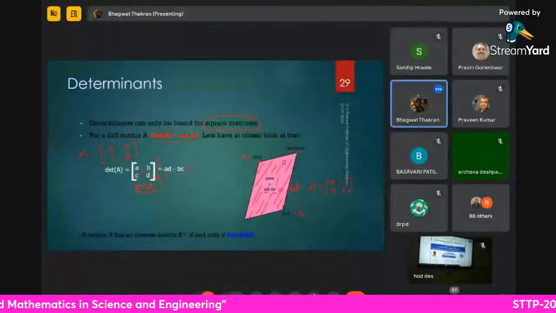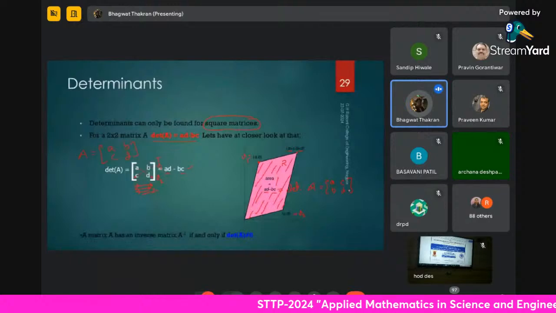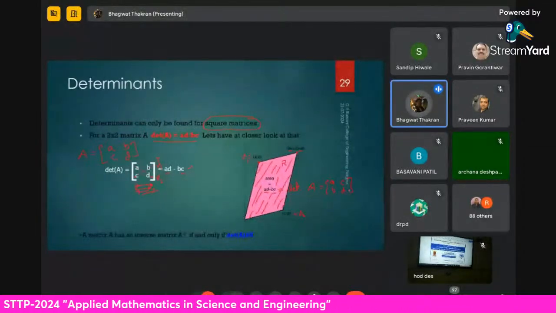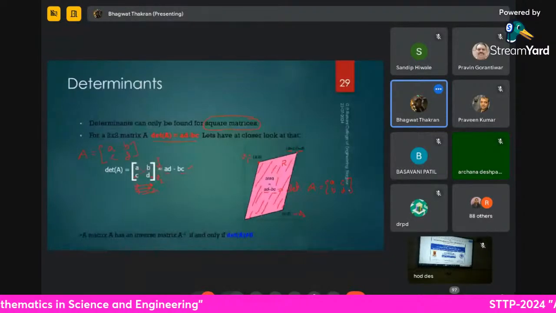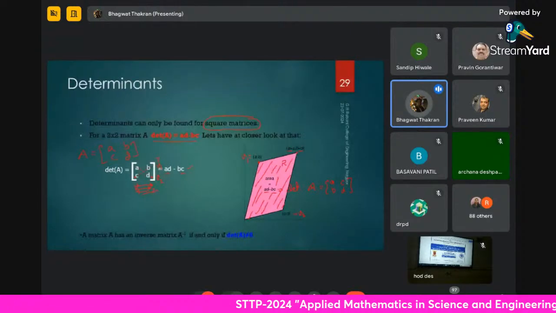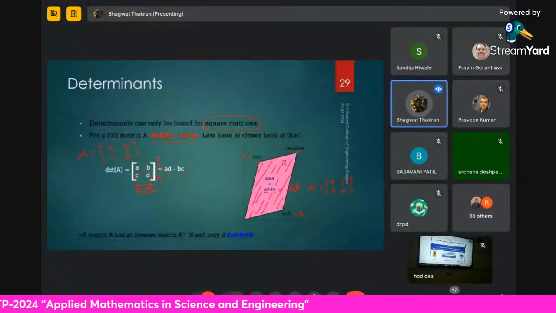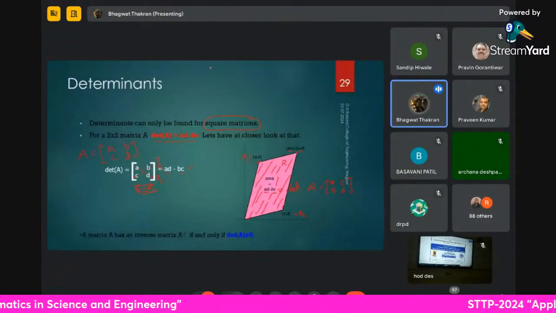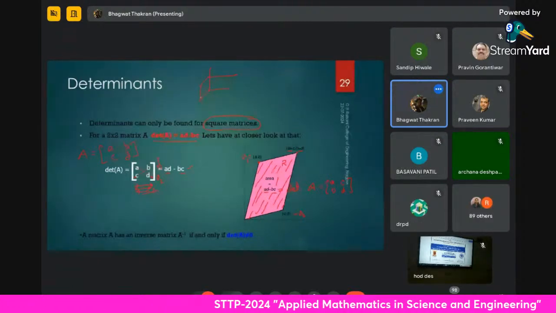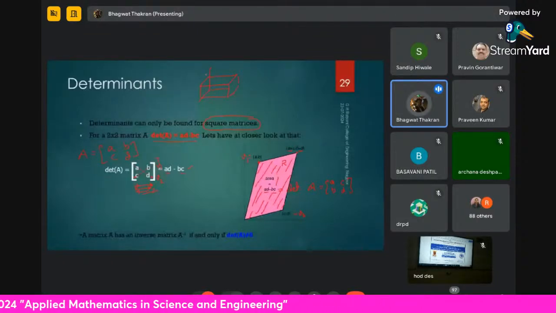But this part we can visualize only up to 2 dimensions or 3 dimensions. If I consider 3 dimensions, then it forms a volume. The examples we have taken for the determinant: find the volume of the parallelepiped, find the volume of the tetrahedron. If I consider vectors in 3 dimensions forming a parallelepiped, what will be the volume?